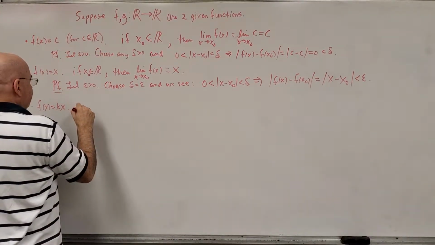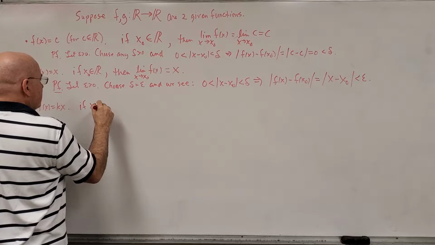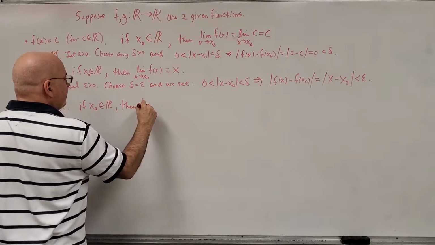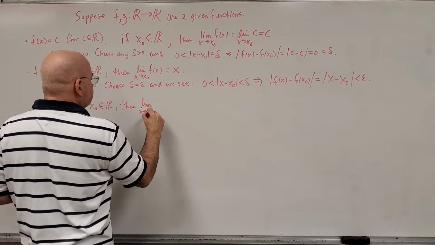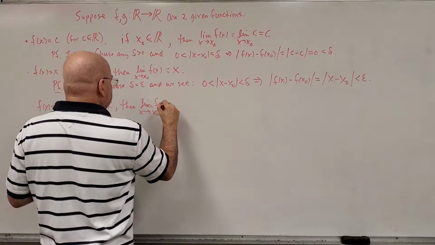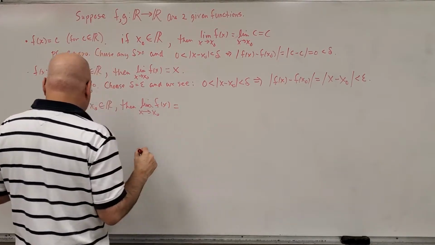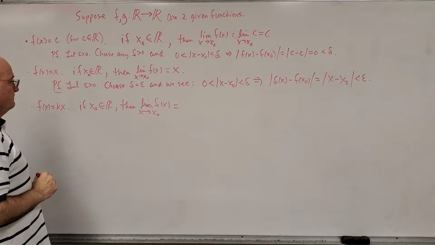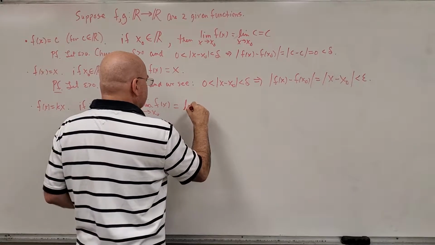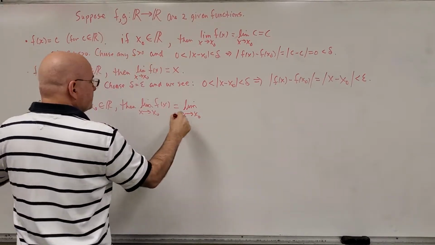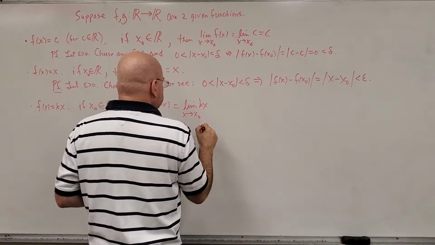All right, if x naught is a real number, then the limit as x goes to x naught of f of x is equal to what? Well, let me write out, that's the limit as x goes to x naught of, what is f of x? It's a constant k times x.